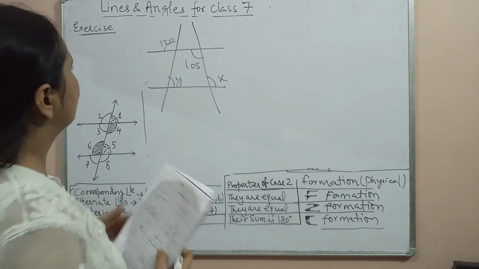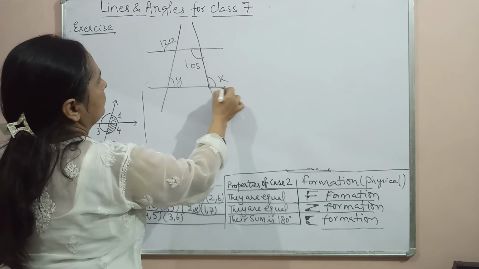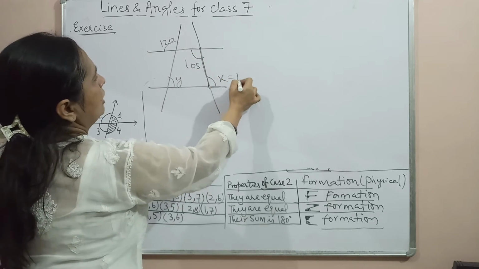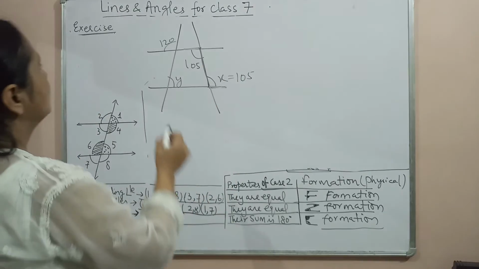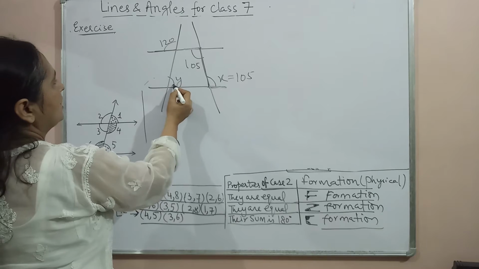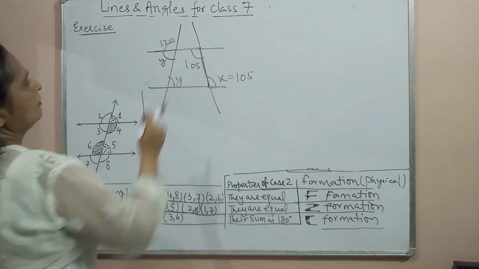Now you see, the value of X, this is a direct connection, parallel lines, right? We have a Z formation, so the value of X will be 105. Now in the same way, Y, this Y will also be Y here.